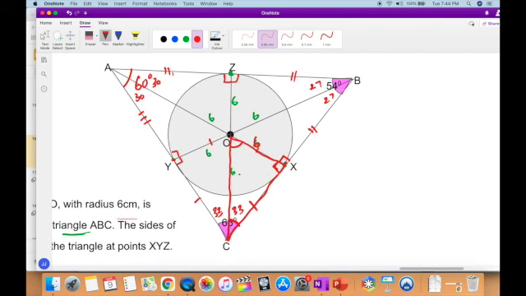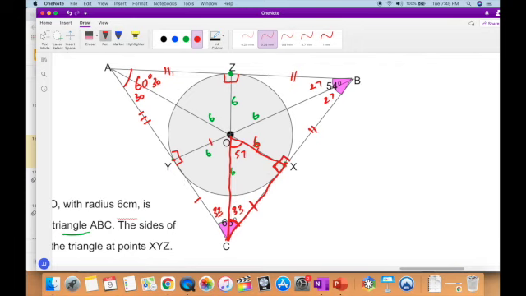But you could see here, we could find this angle here, 90 plus 33. This is 123, right? So 180 minus 123 is equal to 57. So this is 57 over here.